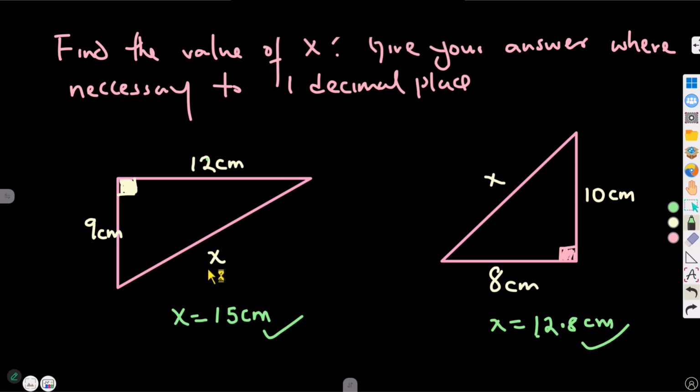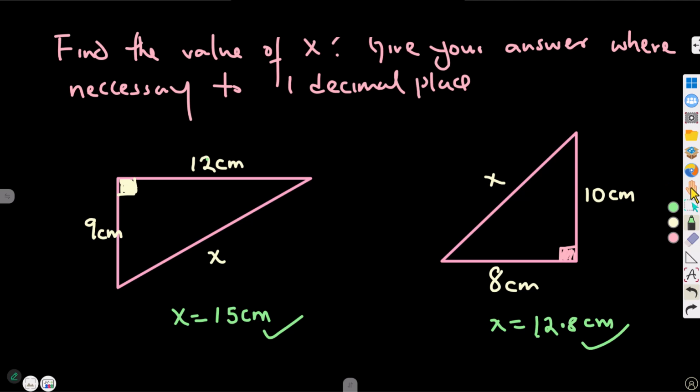Sometimes the longest side is given to you, and then you will be asked to work out this side. Again, we'll use that same theory to see how we can get it done.